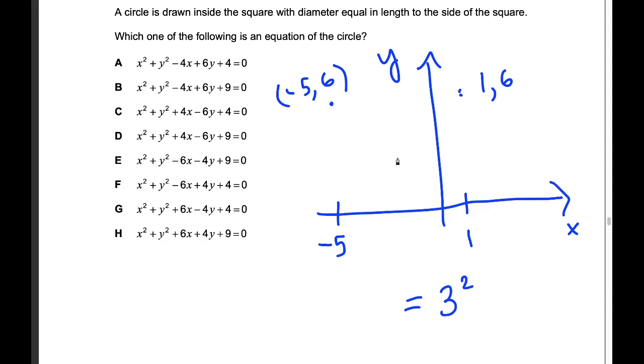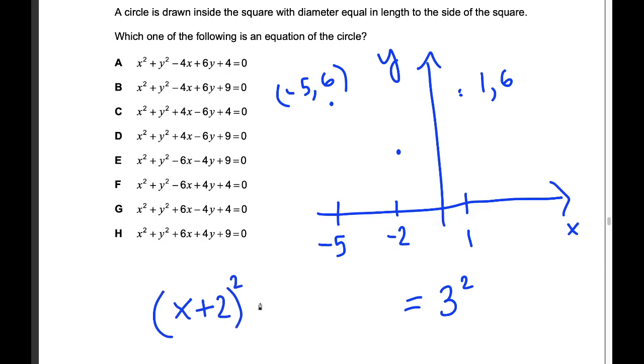Where's the center of the circle? If it's perfectly inside the square, then it's going to be in the center. That is going to be at x = -2, so a length of 3 from one of these edges, and it's going to be 3 up, so it's going to be at (-2, 3). So I can write it as (x minus -2), so (x + 2) squared.